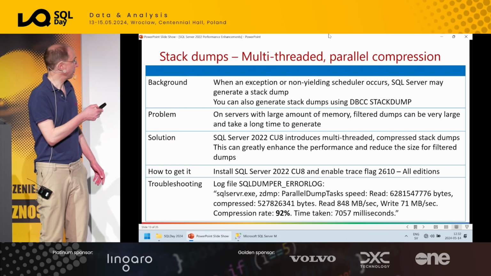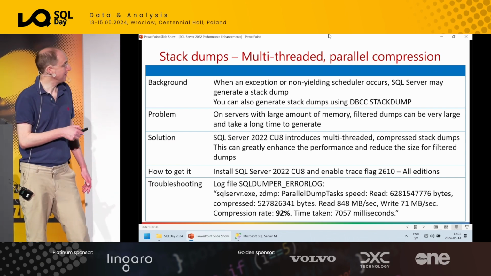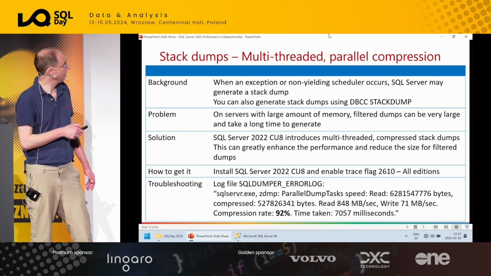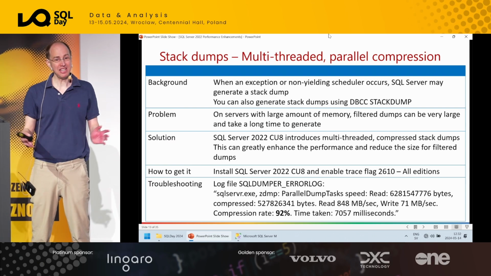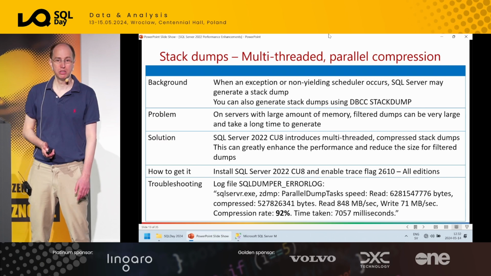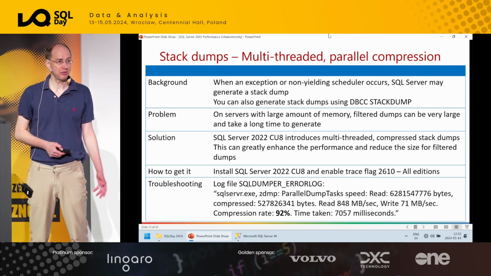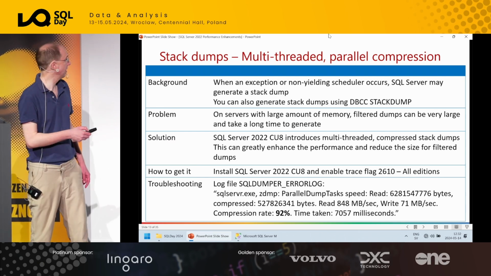Now in 2022 CU8, they have improved this stack dump process so that it compresses dumps in memory and is also multi-threaded. So they are much faster and much smaller. A little bit of a niche improvement, but really beneficial.